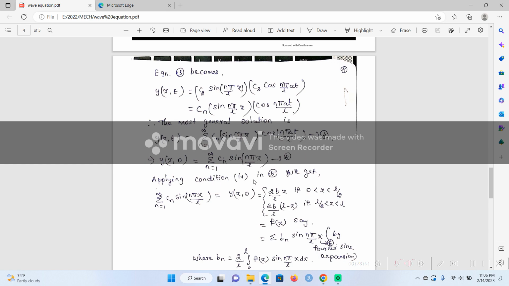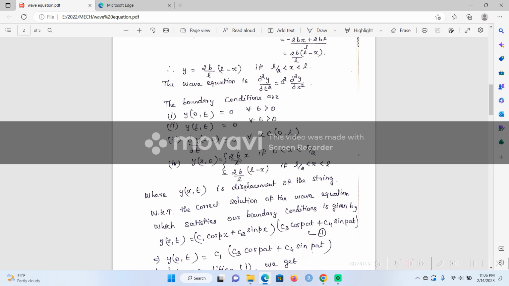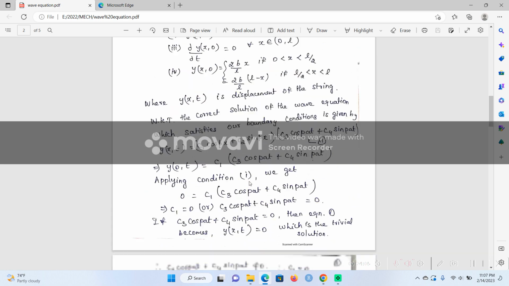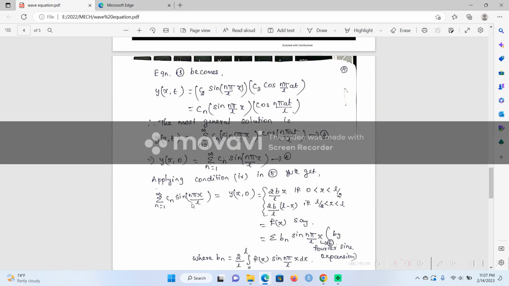Now applying the fourth condition. The fourth condition is split into two parts: one is x varies from 0 to L/2, another one is L/2 to L. Applying this condition 4 in equation 5, we have the summation.